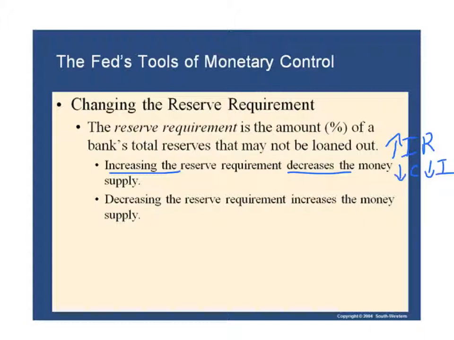Again, that's the appropriate policy for an inflationary gap. Decreasing the reserve requirement increases the money supply because banks can loan out more money. That would decrease the nominal interest rate, increase consumption, increase investment. That's the appropriate monetary response to a recessionary gap.